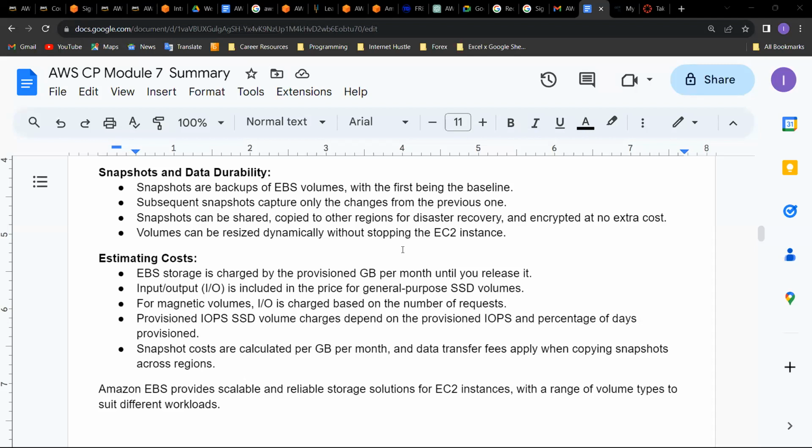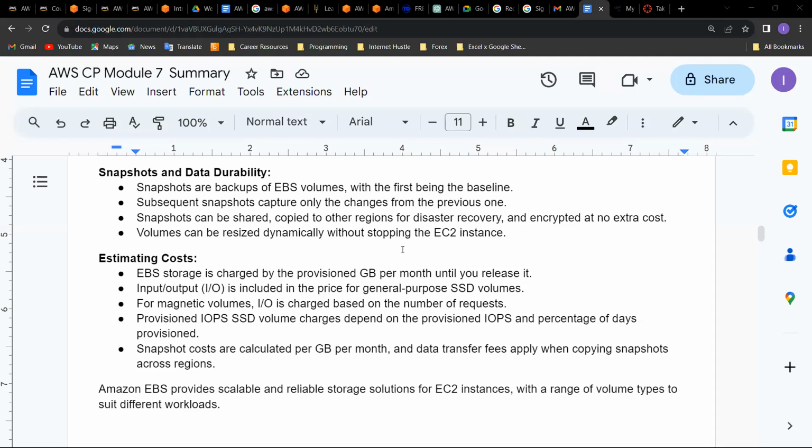All right. So let's say you provision this type of volume for 15 days. Then you are going to be charged according to the percentage of days within the month. So the number of days that you provision, they will strike a percentage out of the days of the month, and then you are charged for that.